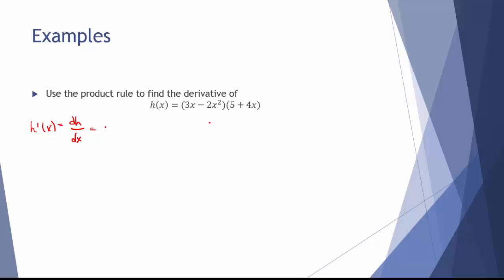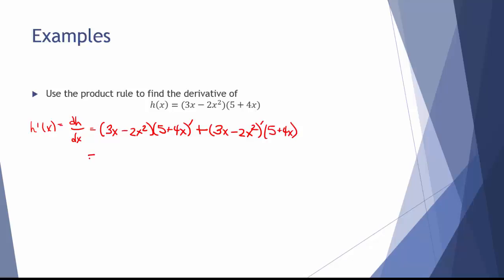So this derivative is given by my first function, 3x minus 2x squared, times the derivative of my second function, (5 plus 4x) prime, meaning I haven't taken its derivative yet, I will, plus the derivative of my first function, (3x minus 2x squared) prime, times the second function, 5 plus 4x.